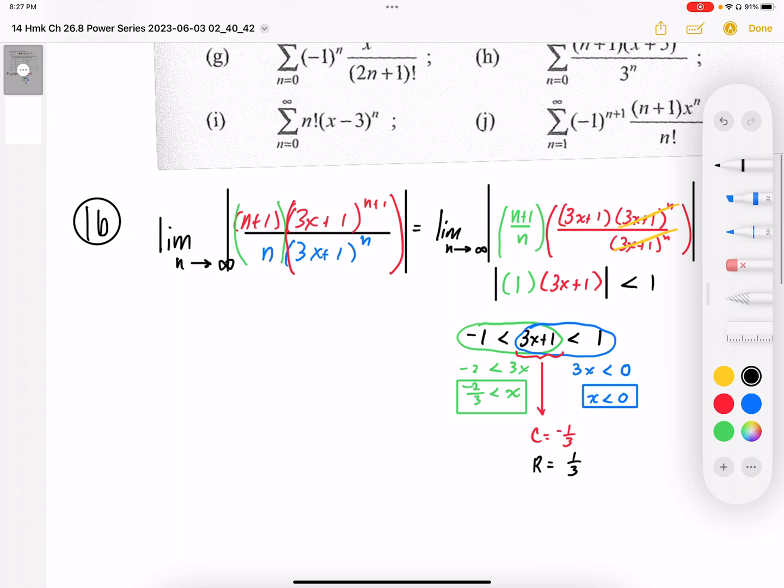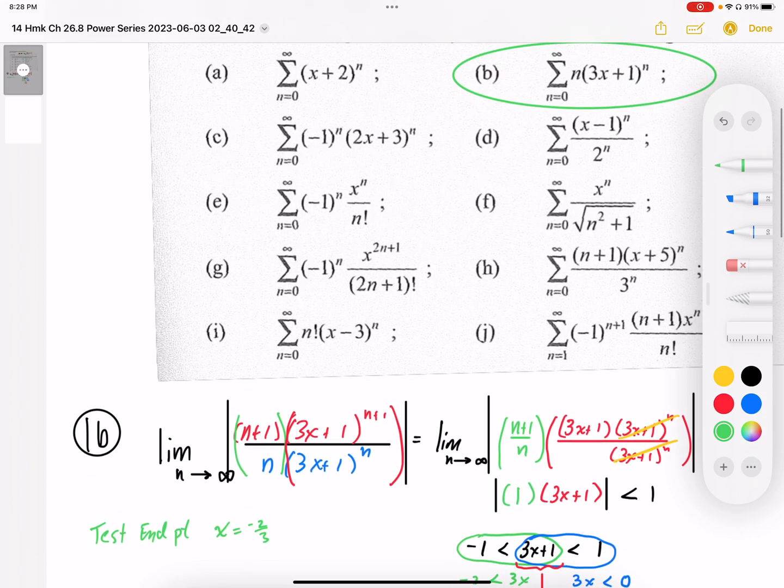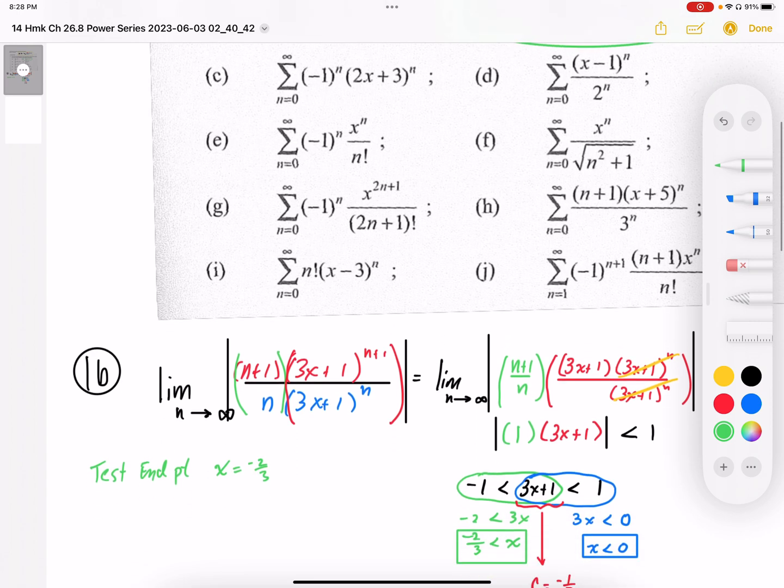At this point, we now have to test endpoints to see if the endpoints are part of that interval. So I'm going to test the endpoint x equals negative 2/3. For that, we're going to go back to the original expression and plug that x value into it.